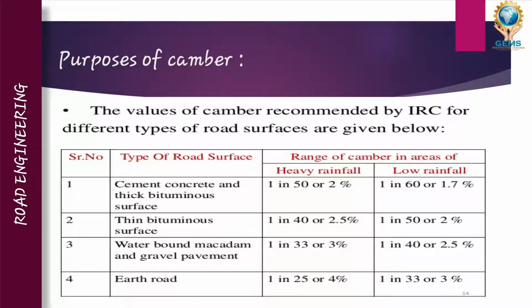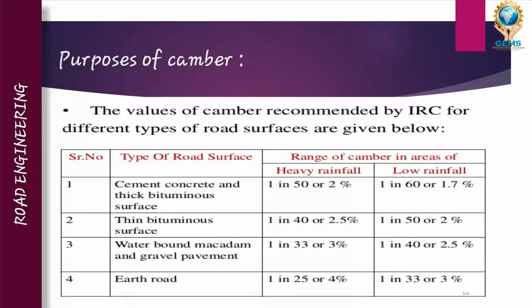For cement concrete and thick bitumen surface where heavy rainfall is there, we should give a 1 in 50 ratio, meaning 1 vertical and 50 horizontal, or 2%.